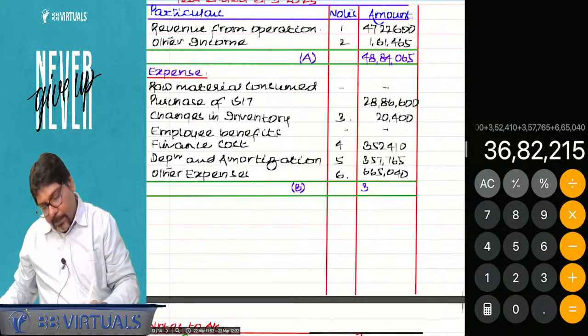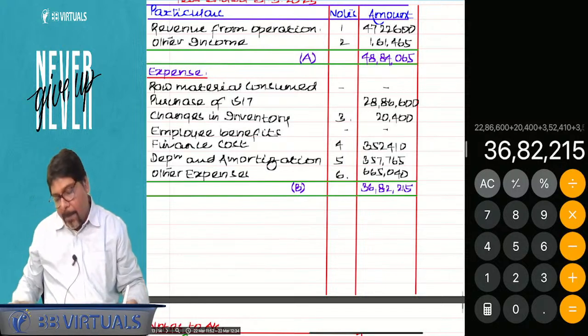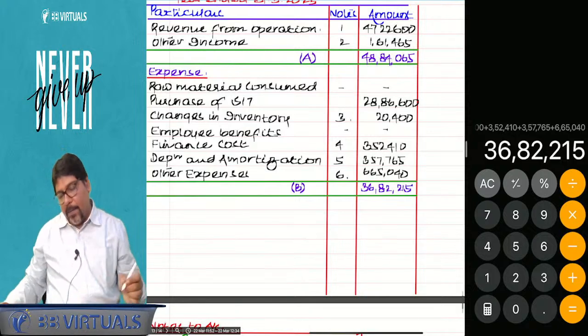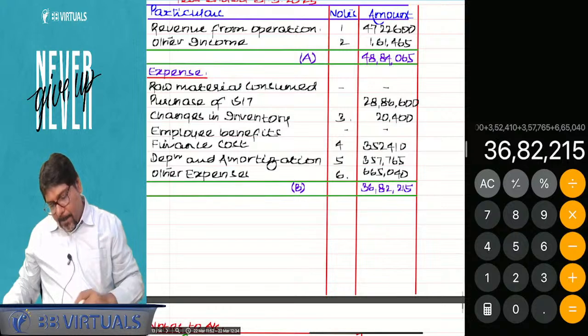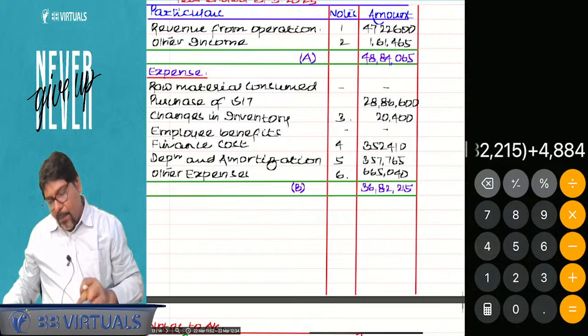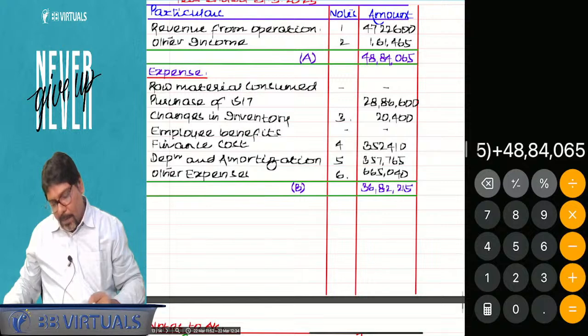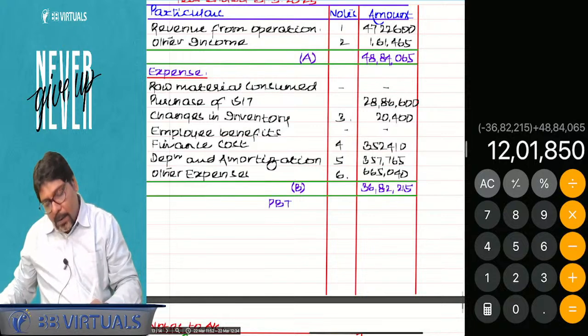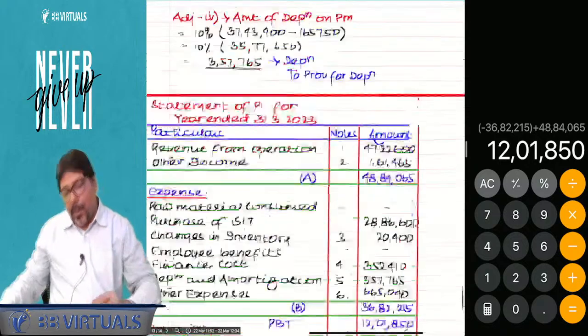36,82,215. So 22,86,600, 20,400, 352,410, 357,765, and 665,040 gives 36,82,215. Profit before tax 48,84,065. Tax 12,01,850. Now there is tax.